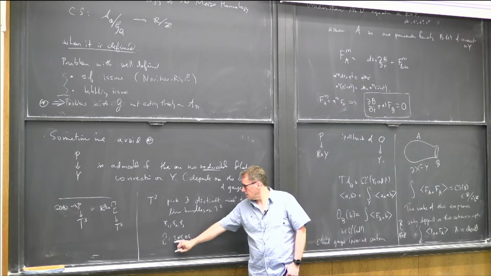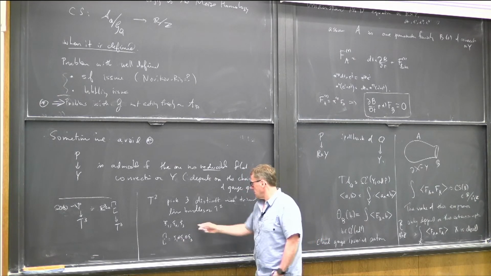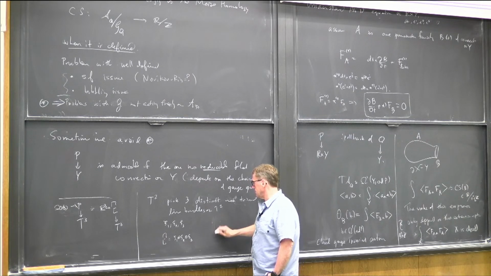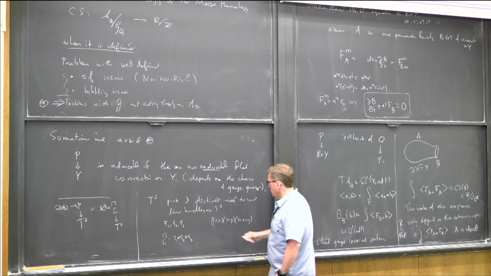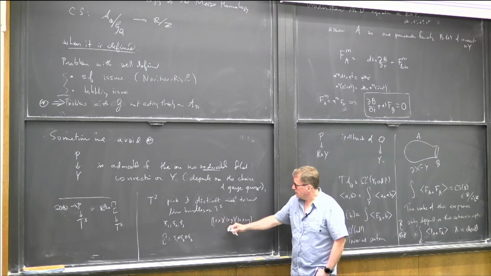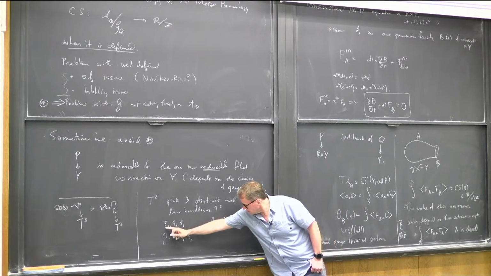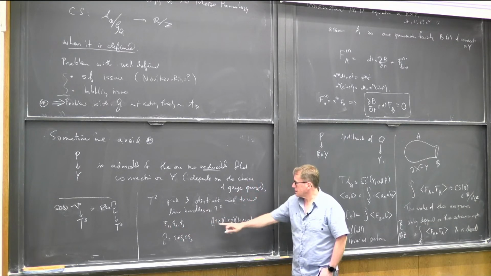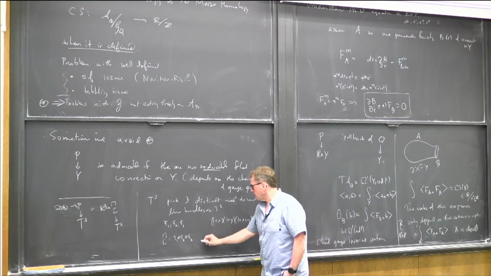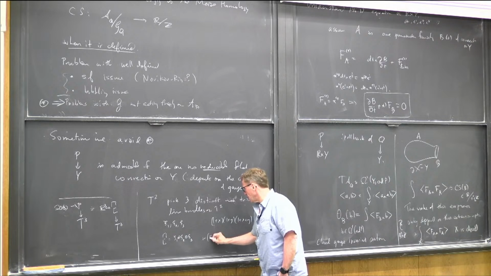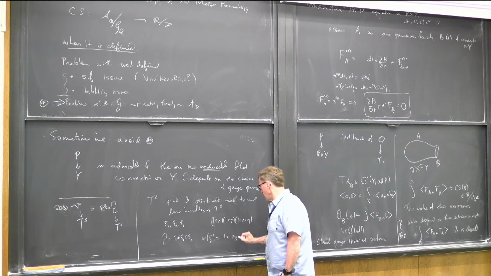Because in terms of some generators X and Y, the total Stiefel-Whitney classes of these guys are 1 plus X, 1 plus Y, and then 1 plus XY. So the total Stiefel-Whitney class of C is just 1 plus XY.